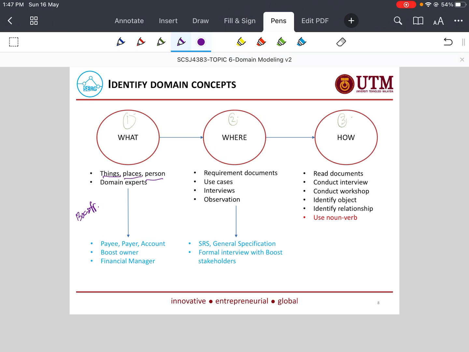The place is where the mobile app will be used, and the things are the concepts inside Boost. Everything here is understood by the domain expert, or we call it the subject matter expert, SME.